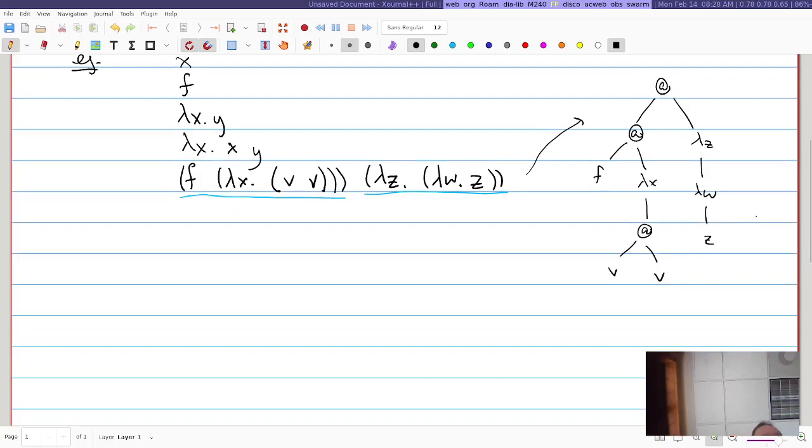And so here's a few conventions. These are just conventions to save ourselves some parentheses, right? They're not fundamental, but just so that we don't have to write quite so many parentheses or quite so much tedious detail. A few conventions. So lambda scopes as far to the right as possible.